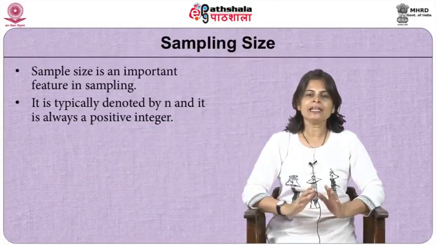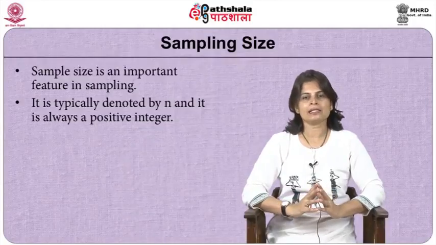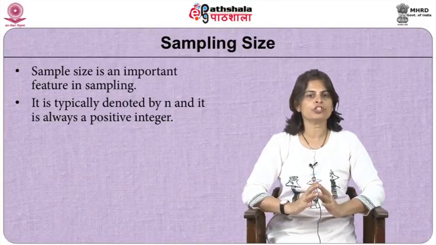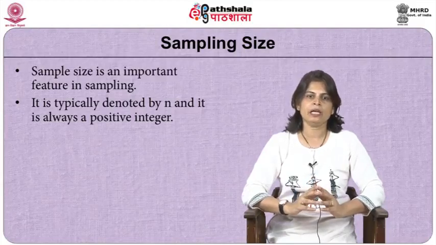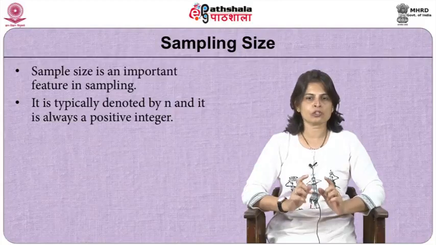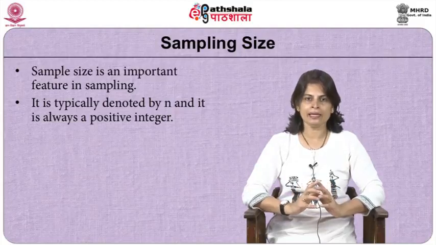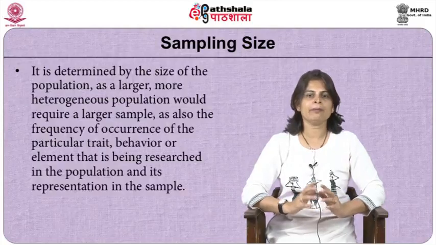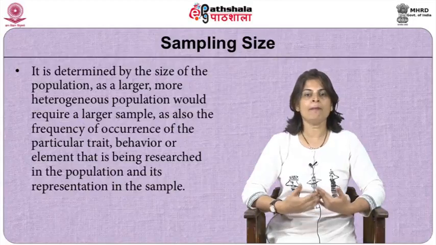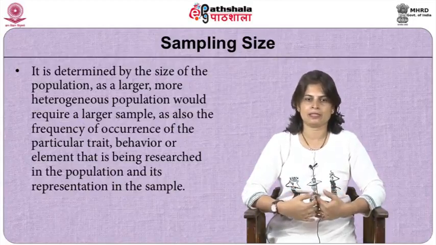Let us see what is a sample size. Selecting an adequate sample size is an important feature of sampling process. It is typically denoted by small n, alphabet n, and it is always a positive integer. It is determined by the size of the population. So, remember, larger and more heterogeneous your population, larger would be the sample size.